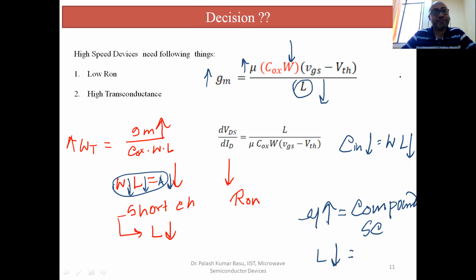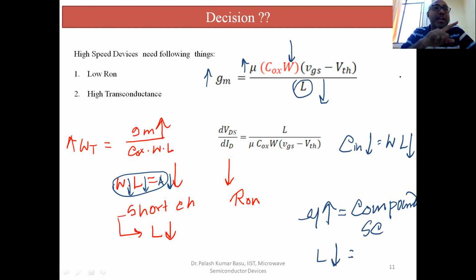You'll see that it plays a significant role, because it actually gives you the R on. The on resistance is also a very limiting factor for high frequency operation. This transit frequency is related to the R on.